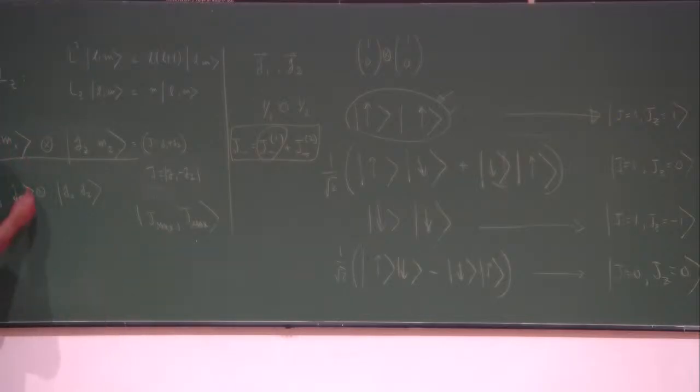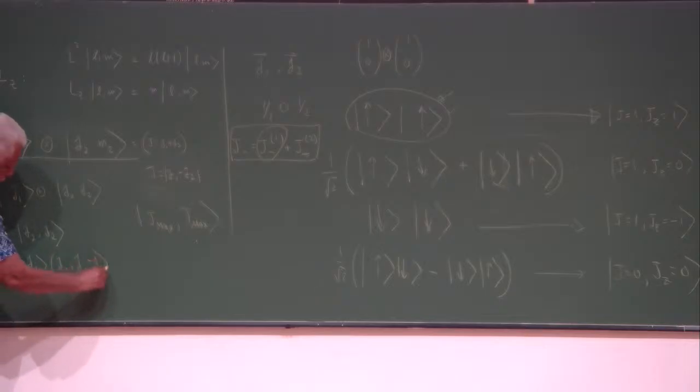To get from here, I can get J1 minus 1, J2 plus J1, J2 minus 1. What is the magnetic quantum number of this state?